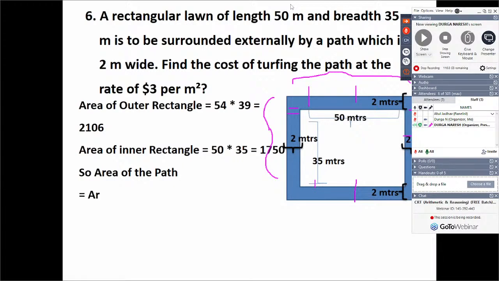And the inner rectangle dimensions are 50 and 35. So area of the path is equal to outer area minus inner area.